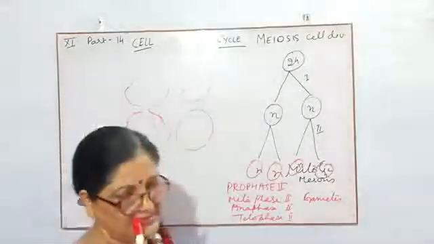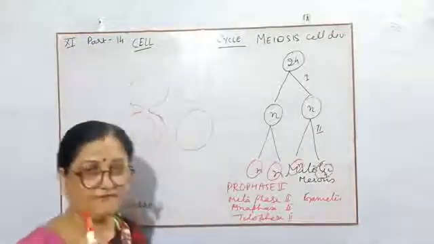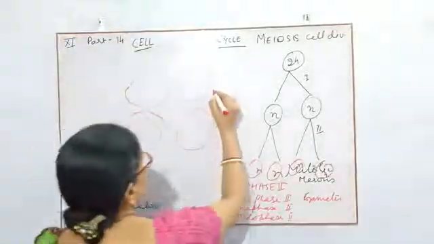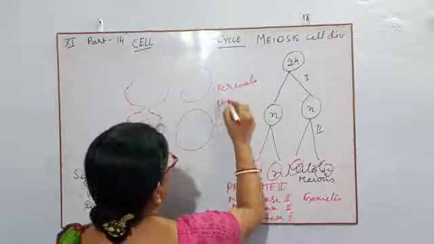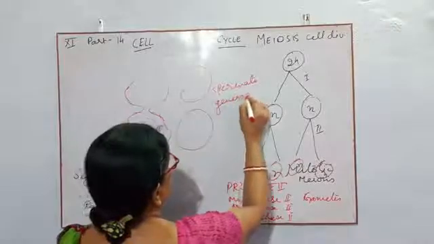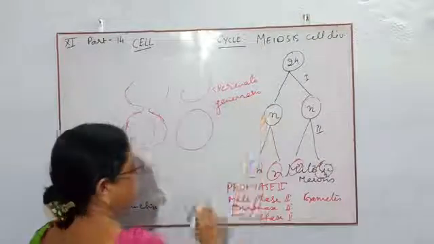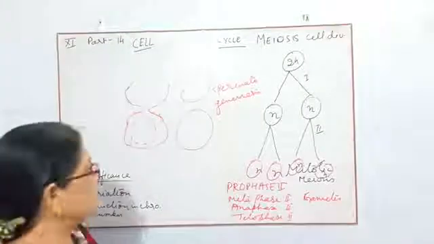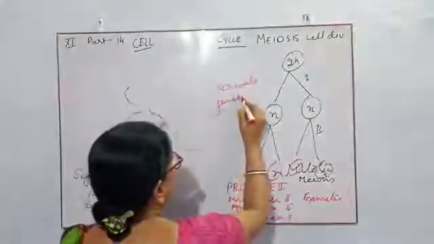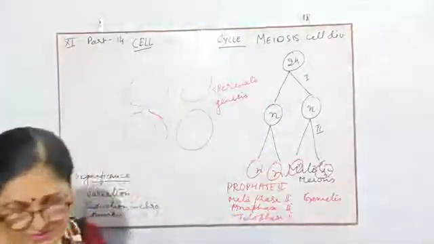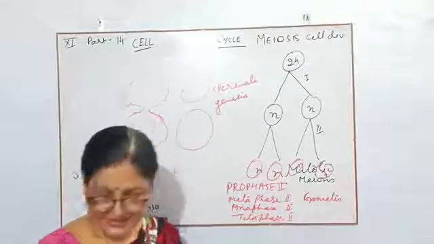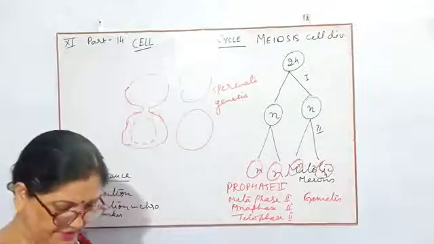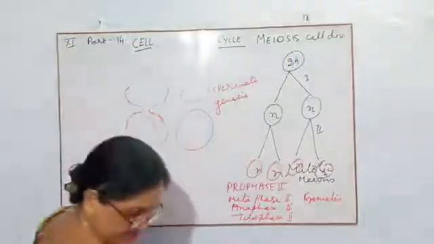Now children, one thing you should understand: in case of male, this is called spermatogenesis, and one cell will give 4 gametes. And in case of female, the name is oogenesis.